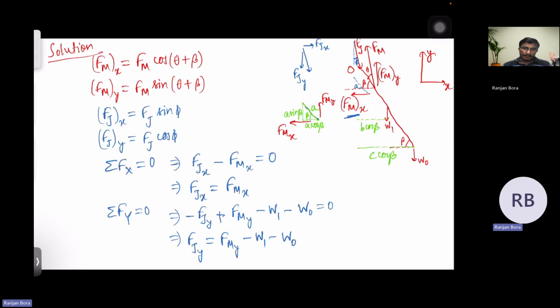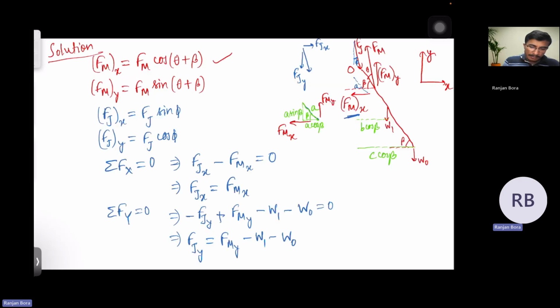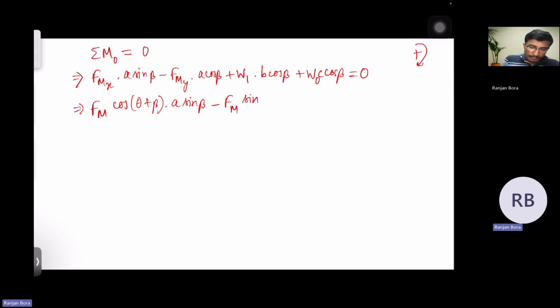Fmx is Fm cos(theta plus beta) dot A sin beta, minus Fmy, which is Fm sin(theta plus beta) dot A cos beta, plus W1 B cos beta plus W naught C cos beta equal to 0.